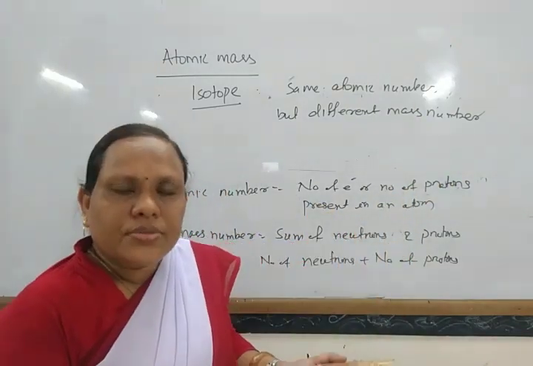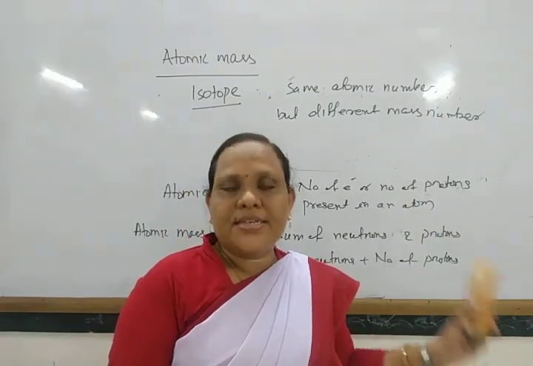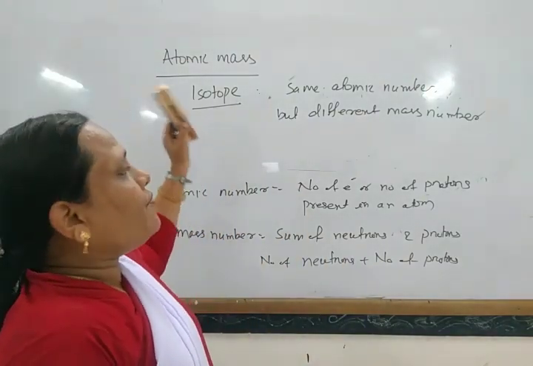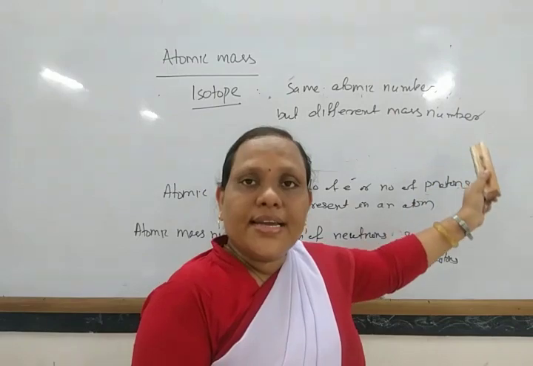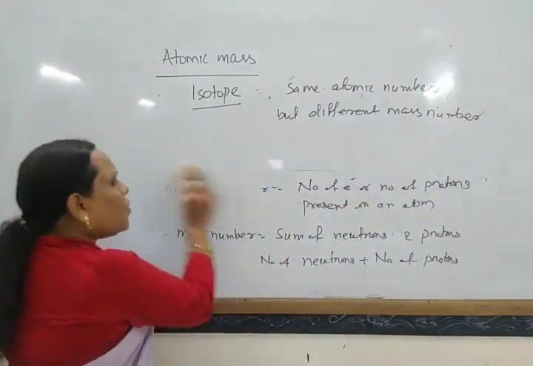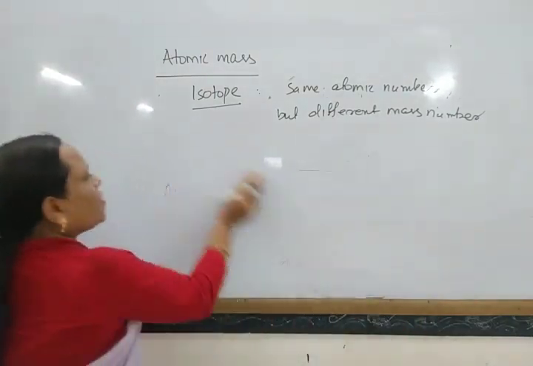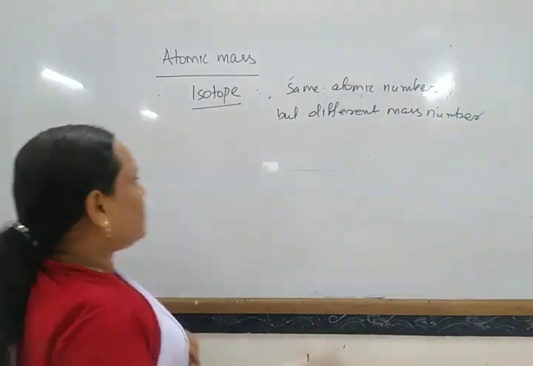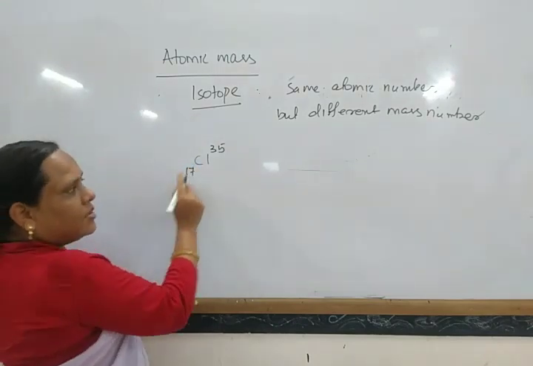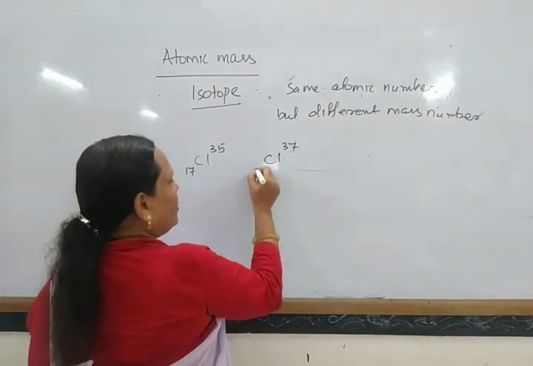So for isotopes, the average value is taken as their relative atomic masses. For example, chlorine exists in 2 isotopic forms, chlorine 35 with the same atomic number, and another form, chlorine 37.